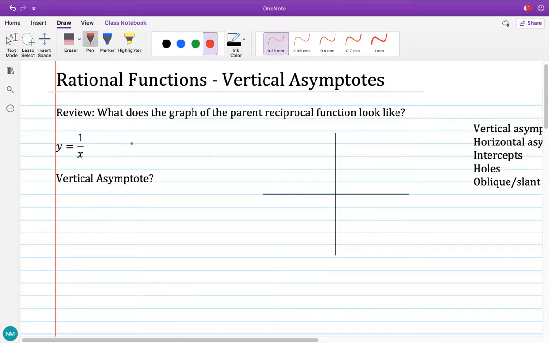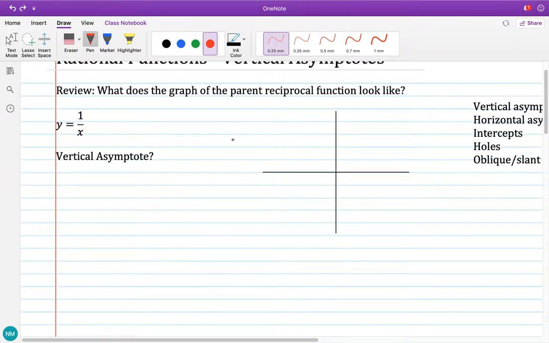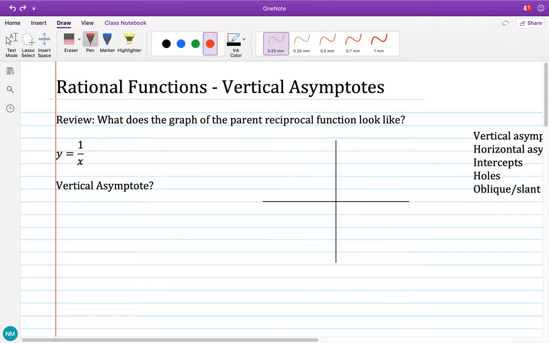But before we get started, let's talk about the parent reciprocal function, which is 1 over x, which we did in the last phase. So first things first, we want to know what it looks like. We remember it looks something like this and that.